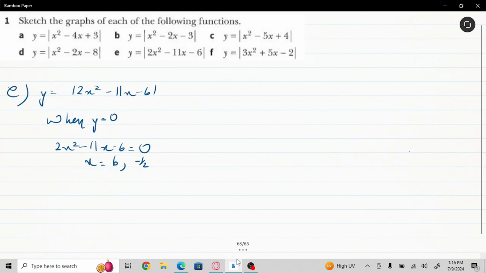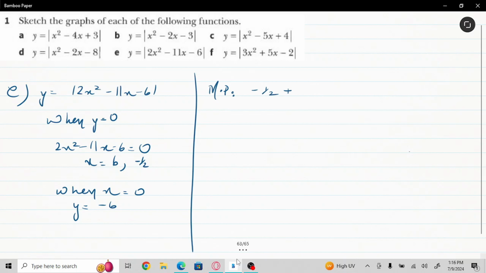Okay, for the other value, we have to find when x equals 0. When x equals 0, y equals 0 minus 0, minus 6. Second value. And then we have to find the midpoint. So midpoint is negative 1 over 2 plus 6, divided by 2. So that's going to be 6 minus 0.5 is 5.5 divided by 2.